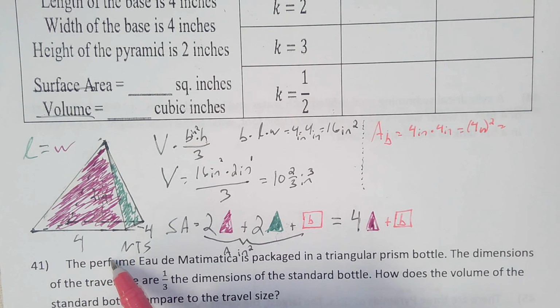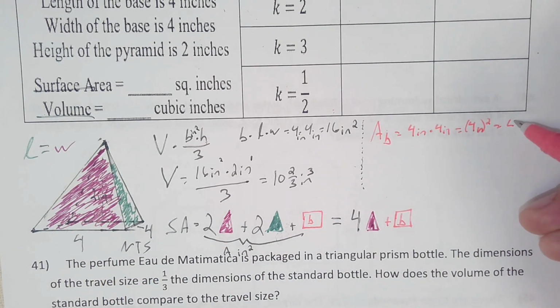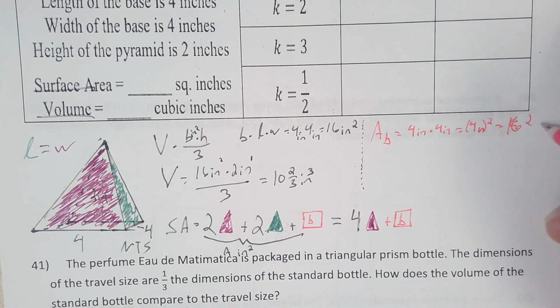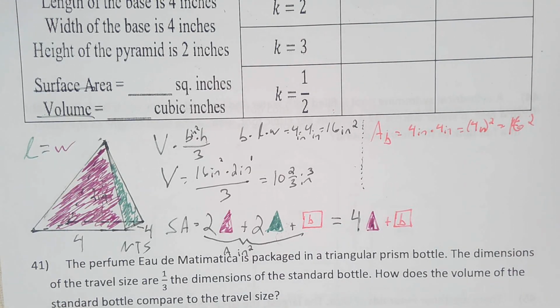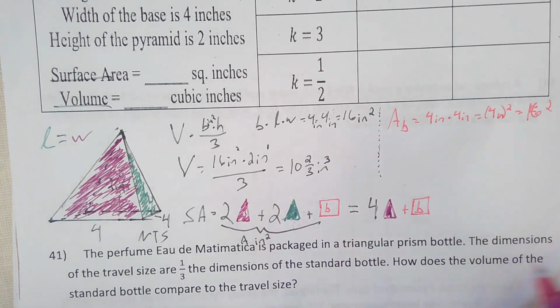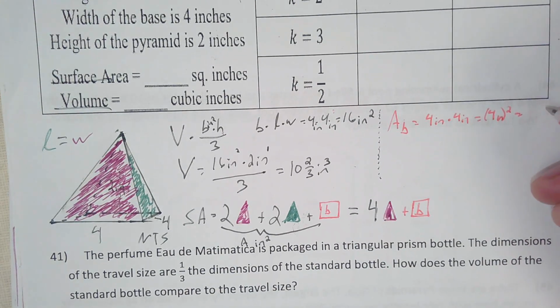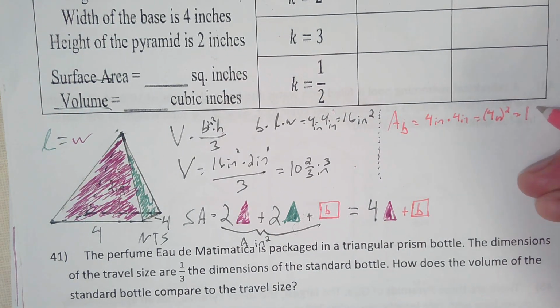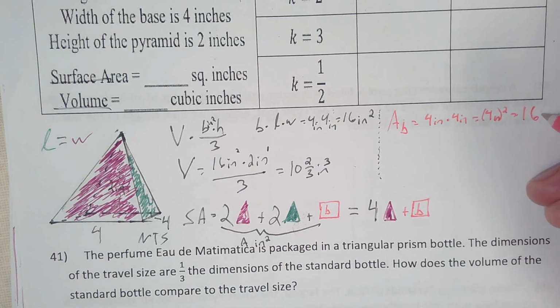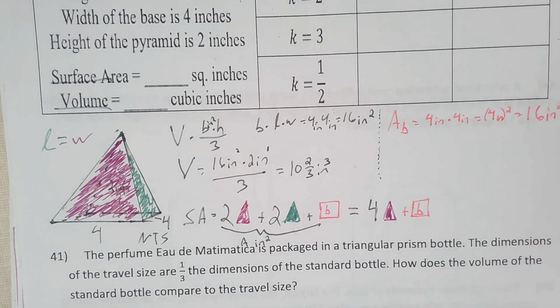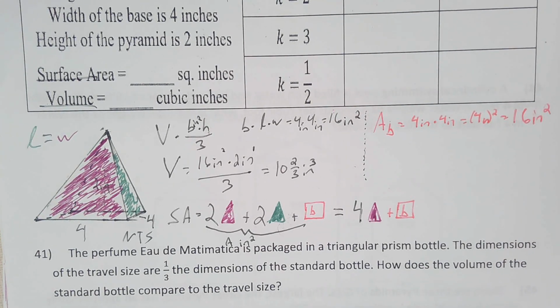Ain't that a coincidence? Hey, it's 4 squared, which is 16. Man, that's crazy. That's nuts. 4 squared, which is 16 inches squared. All right, so that's that one.